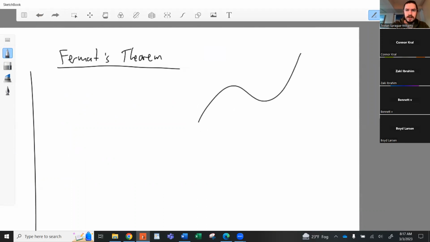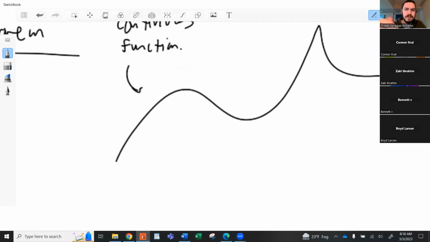If you have a function that's continuous, the extreme values are going to occur at one of two sorts of places.